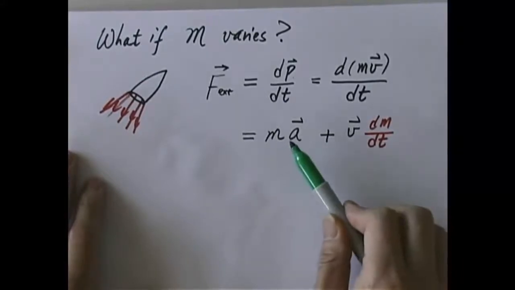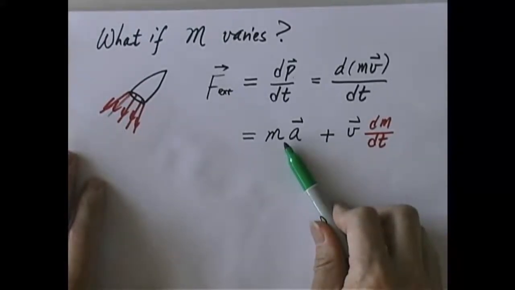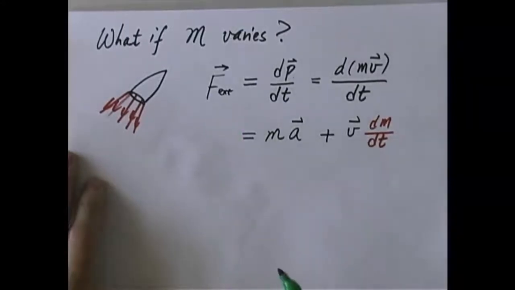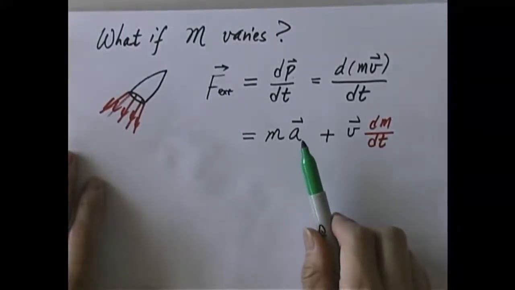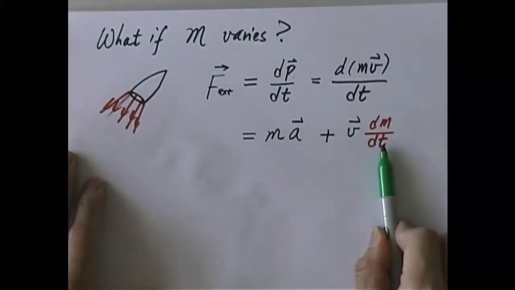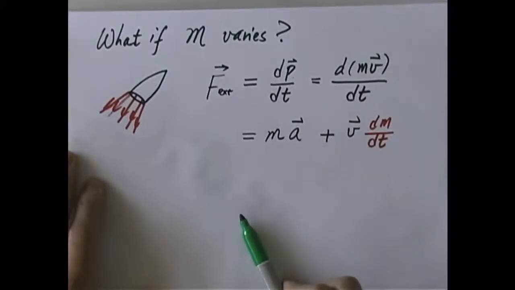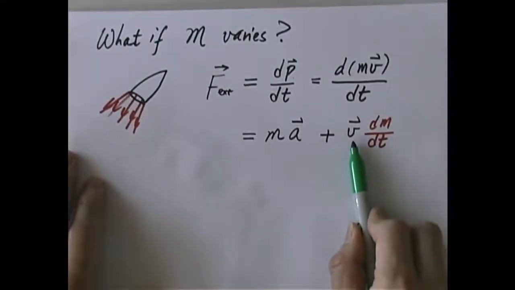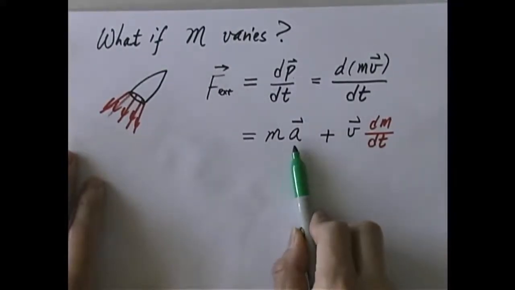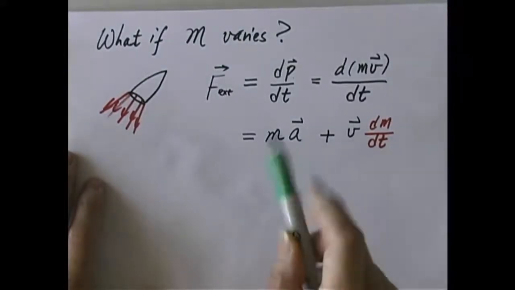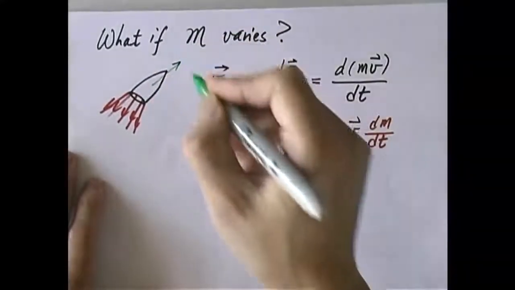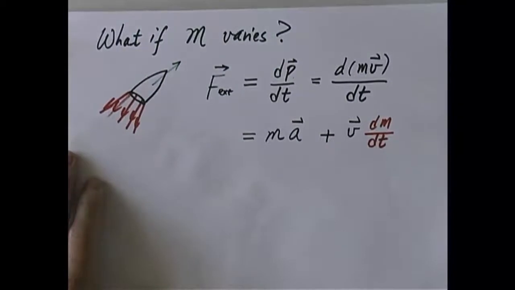Remember, this first term plus the second term equals 0 because there's no external force. Doesn't that tell you that the first term and the second term must be in opposite directions, because they add up to 0? But the second term is opposite to v. That means the first term, ma, must be in the same direction as v, which means the rocket accelerates, goes faster and faster.